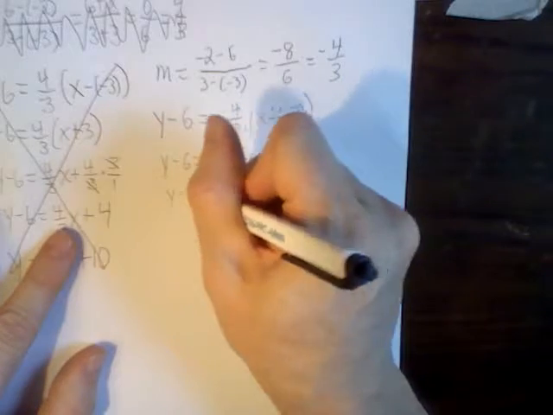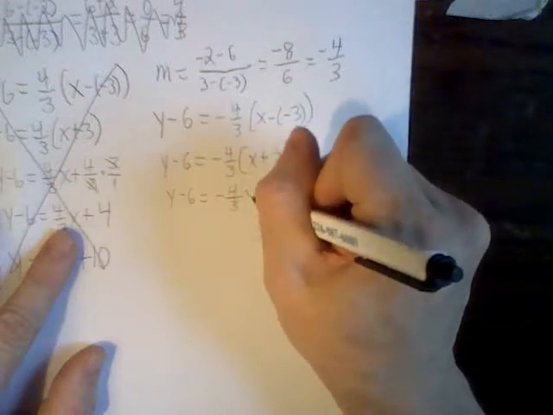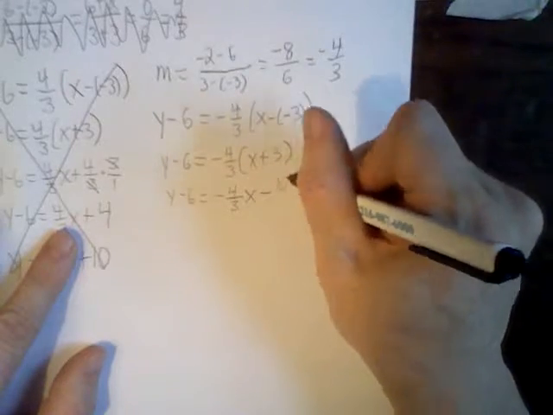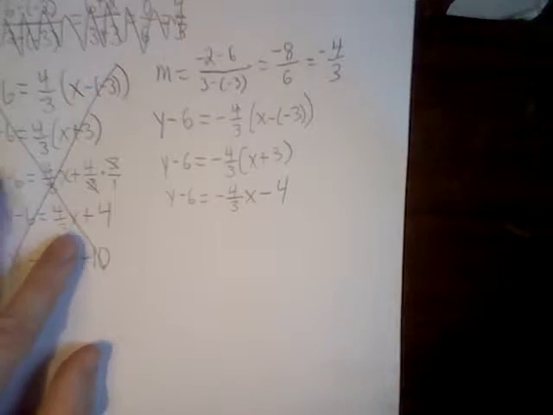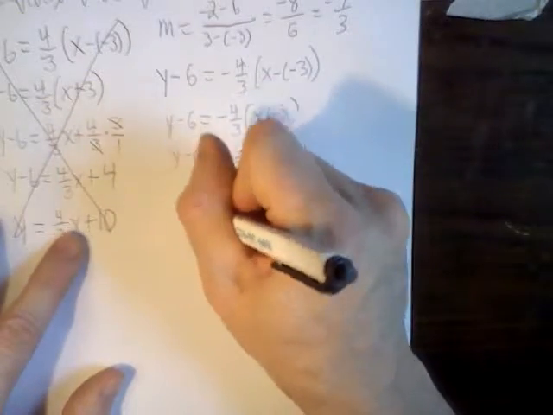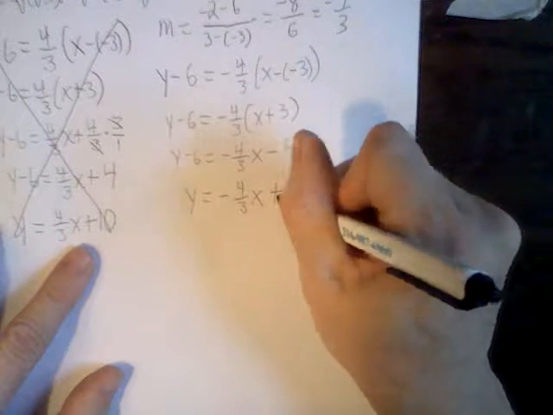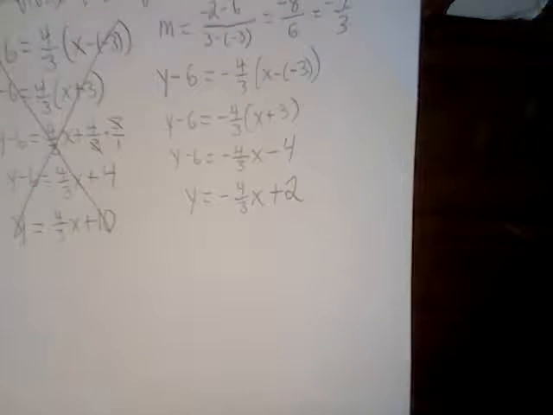And you have y minus 6 equals, distribute, negative 4/3 x, and then minus 12/3, which should be just 4. And then finally add the 6 to the other side. So y is negative 4/3 x plus 2 at the end of the day. So again, sorry about that. A lot of room for error in these problems.